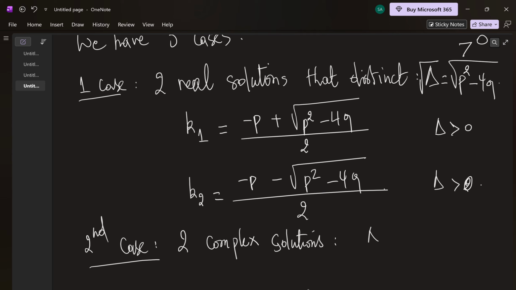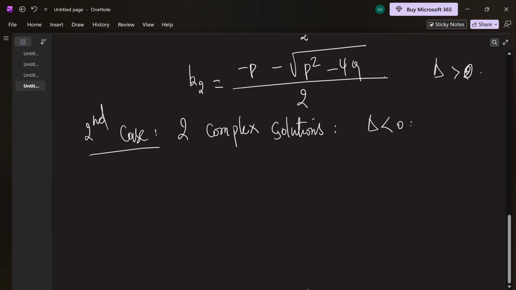That is, in this case, delta is less than 0. Here, simply the solution K1 would be something like this.